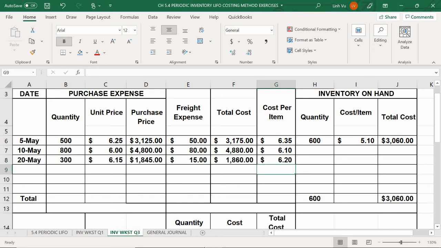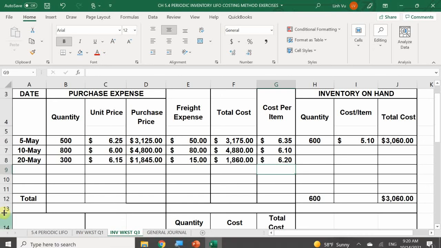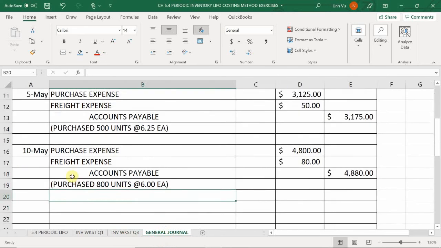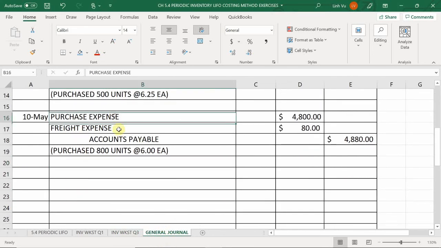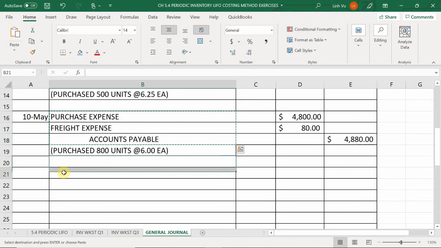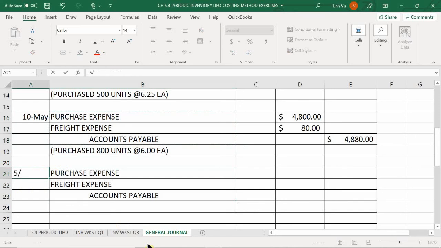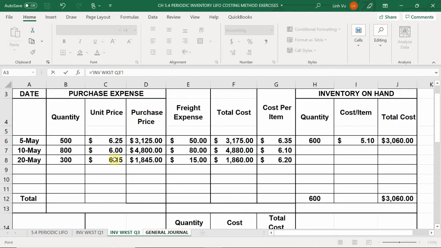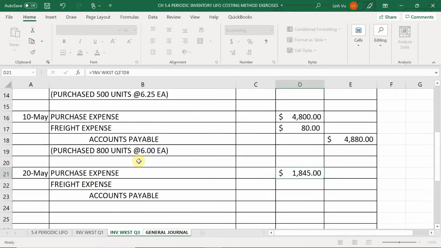So once again, I need to journalize this to recognize that I purchased inventory. Go to your journal. I'm going to recognize that on May 20th, we purchased inventory. My purchase expense was $1,845.